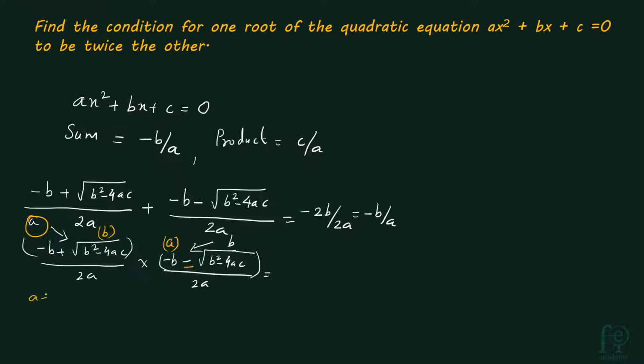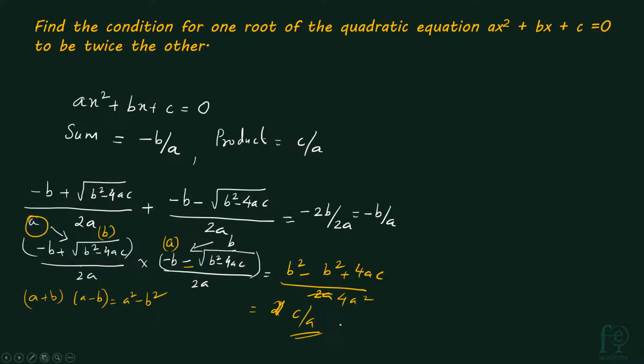So a plus b into a minus b is equal to a square minus b square. So here what will come? It will be b square minus b square plus 4ac divided by 2a into 2a, the denominator will come as 4a square. So our answer will be c by a.